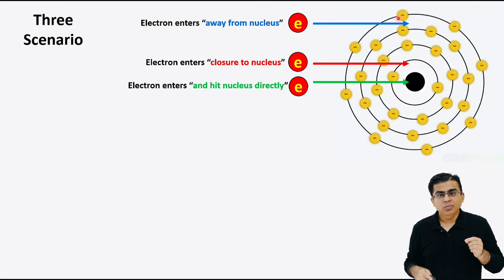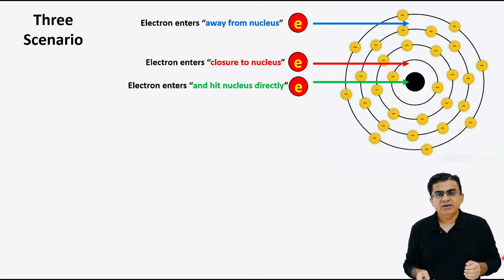In the third and most rare scenario, the electron makes a direct head-on collision with the nucleus itself. I will show you exactly how each of these three unique paths creates a completely different energy photon for our treatment beam. Let me break down these three scenarios for you one by one in the upcoming slides.